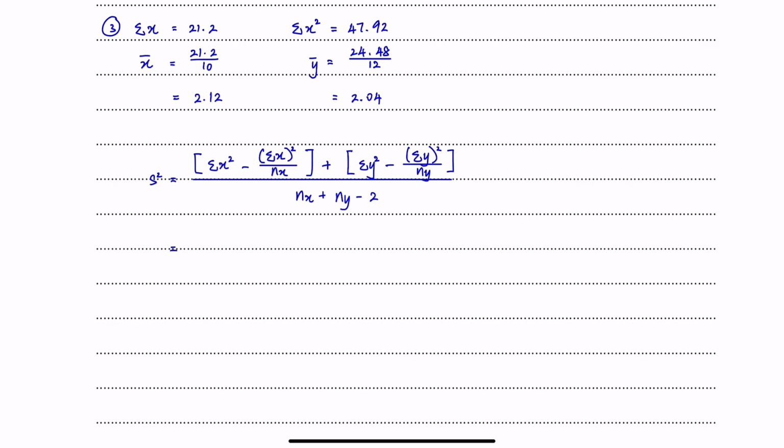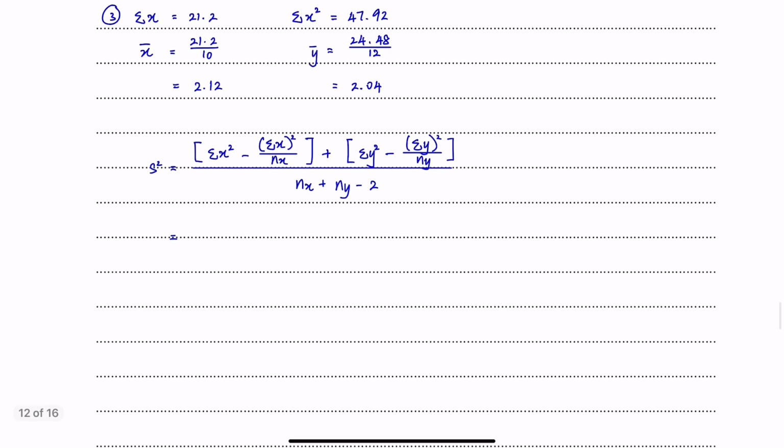So now we sub all the values in. We have 47.92 minus 21.2 squared over 10, plus 53.75 minus 24.48 squared over 12.